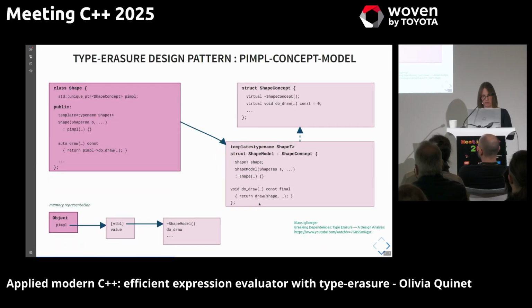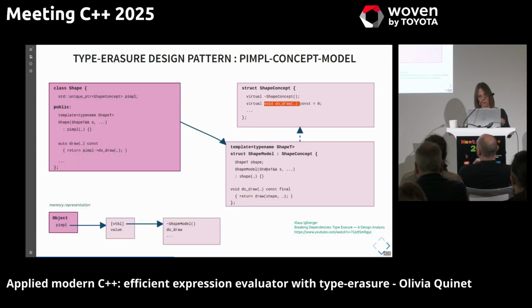The problem is that we have quite a lot of boilerplate, so here is a summary. We have the public shape object with a pimpl inside. You have a constructor that just creates the pimpl. You have the interface draw that we call doDraw of the pimpl. The pimpl uses the base class shape concept. Shape concept is a kind of virtual interface structure with a virtual destructor and all the methods you want to apply to your value.